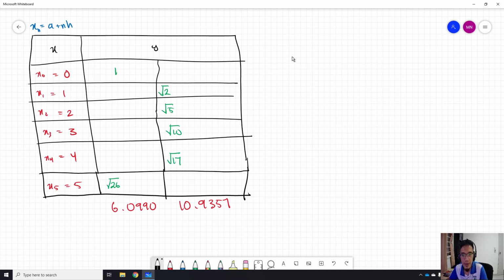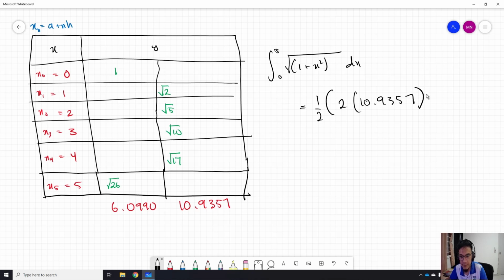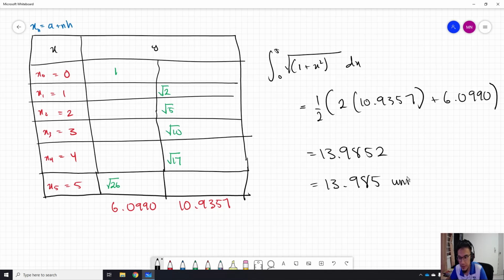So from here, the integration of square root of 1 plus x squared dx will be equal to 1 over 2 times the bracket of 2 times 10.9357 plus 6.0990, and then our answer is 13.9852. The question asks for 3 decimal places, so 13.985 unit square. So that is our answer.